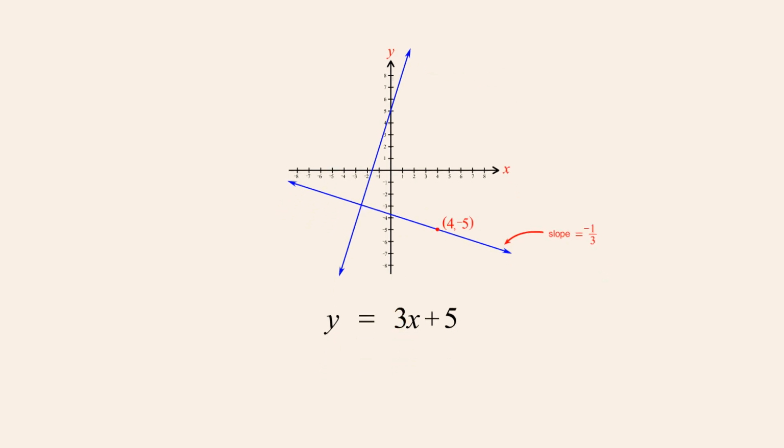Knowing the slope and the coordinates of a point on the line, we can write the equation for the perpendicular line using the point-slope form. The constant m is the slope, -1/3, and constants x1 and y1 are the coordinates of the given point, 4 and -5. The equation can then be simplified by writing y minus -5 as y plus 5.